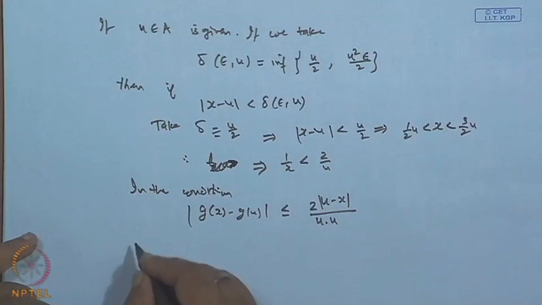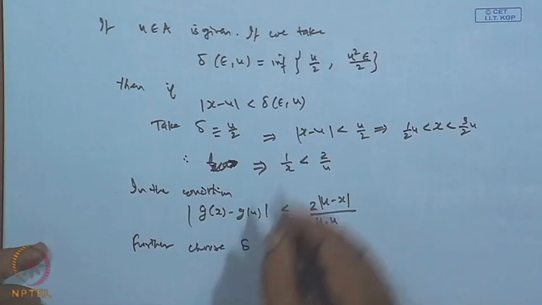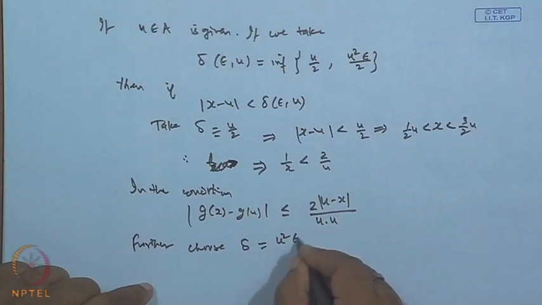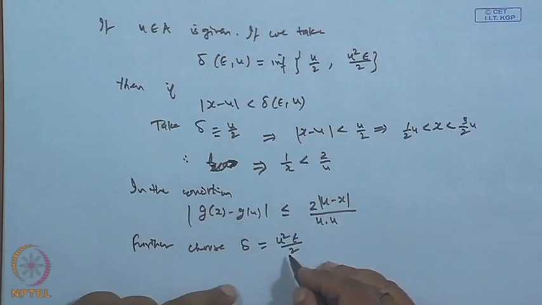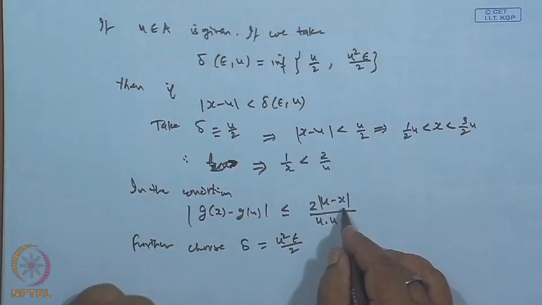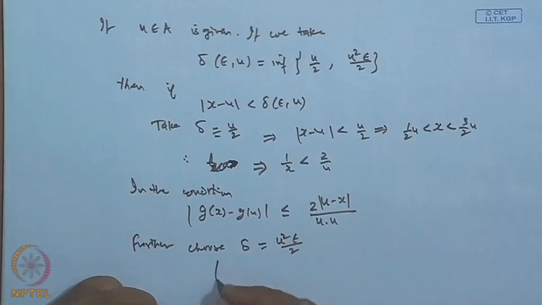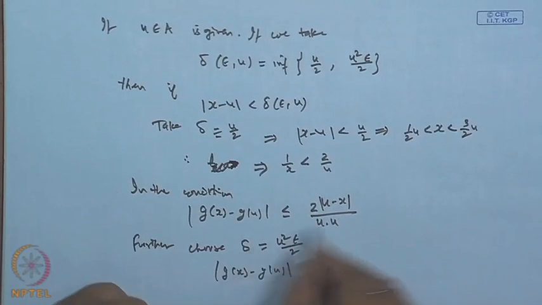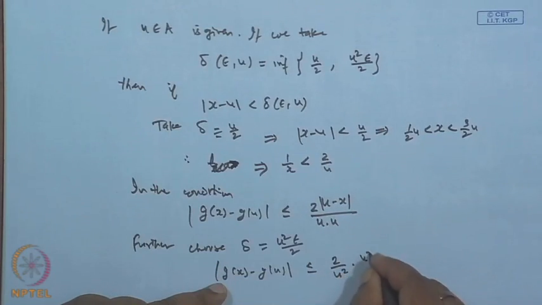Now, further choose delta to be u square epsilon/2. Then mod of u minus x is less than delta, so mod of g(x) minus g(u) is less than 2/u square into u square epsilon/2, that is epsilon.